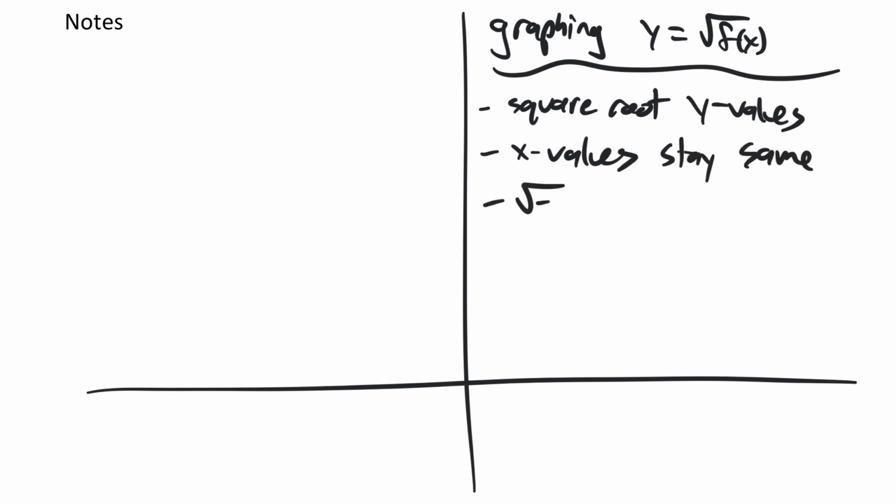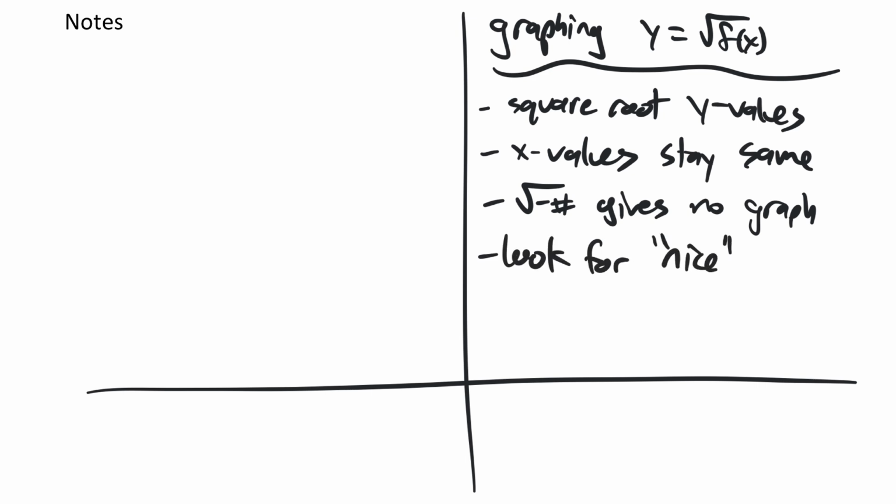Square root of a negative number gives no graph. And you want to look for nice y values. In other words, square root of 4 is 2, square root of 1 is 1, square root of 0 is 0.